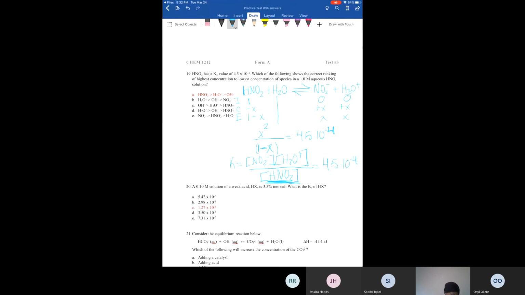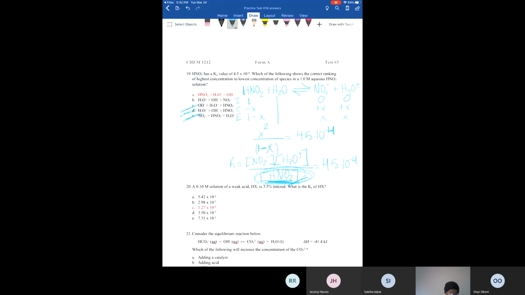So you can look at this conceptually. You know that your reactant HNO2 is going to be greater than H3O plus and NO2 minus. So anything that has that, you can cross out.